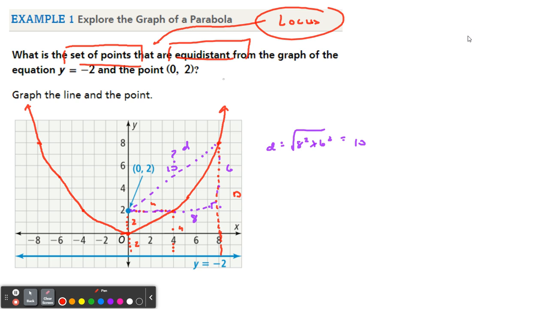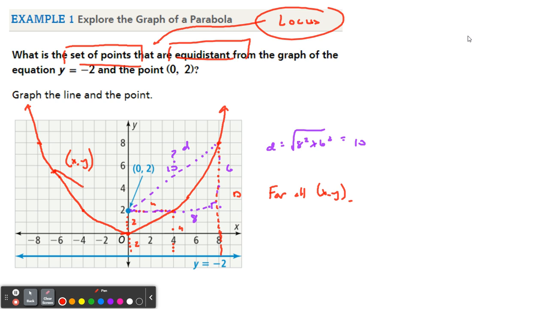So again, we wanted to define this parabola. For all generic x, y's, let's just put an (x, y) right here, they are equidistant from the point (0, 2) and the horizontal line.